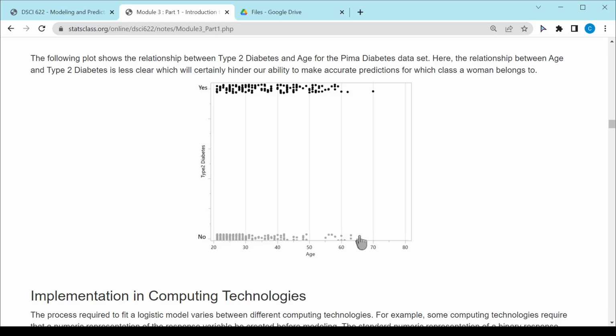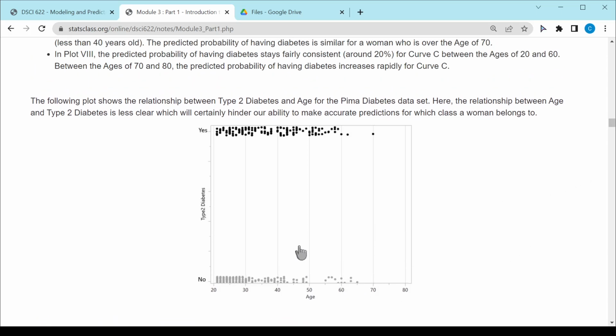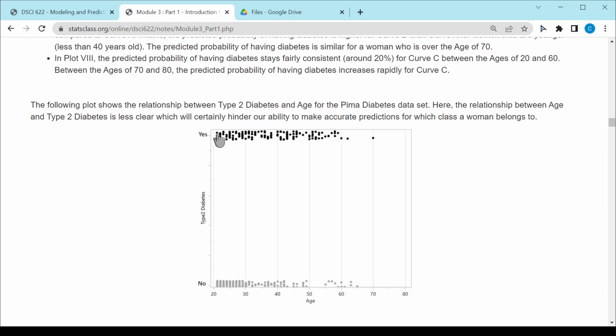So all of these are going to be mistakes in terms of my predictions. Remember, my logistic curve crossed at about 45 or so. I have 120 or 130, or whatever it was, back here below 45 up in this group. So those are all mistakes that my model would have made.